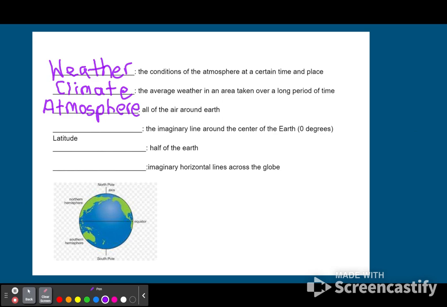The imaginary line around the center of the Earth at 0 degrees latitude, right here, is your equator. Half of the Earth, right? We have the northern hemisphere and the southern hemisphere. That's hemisphere.